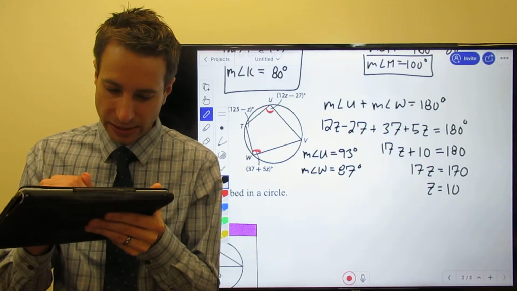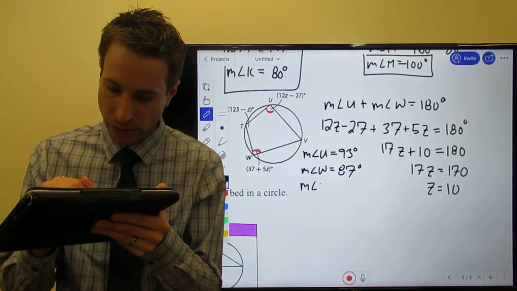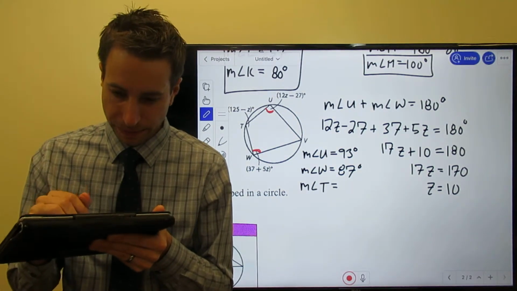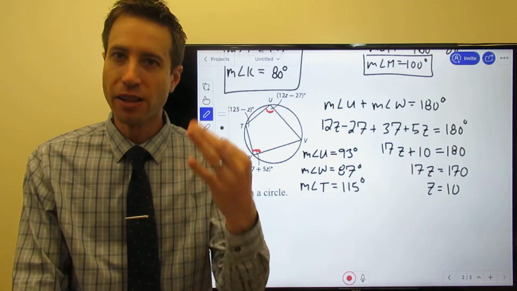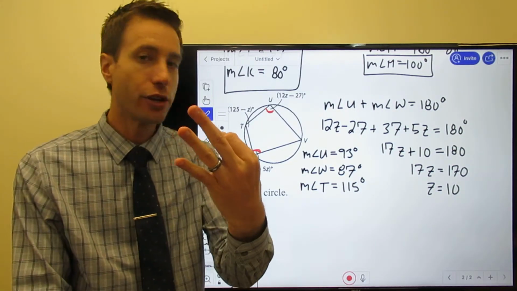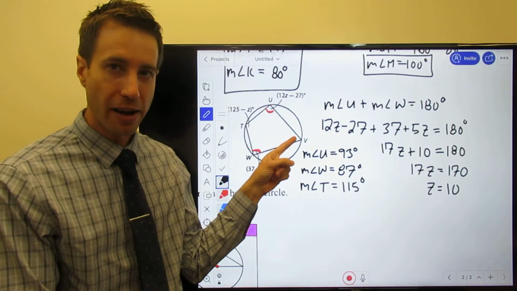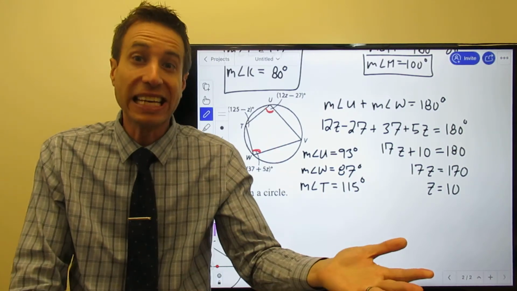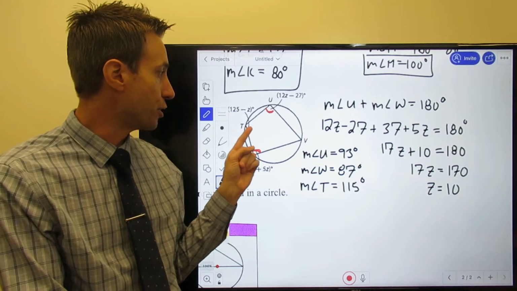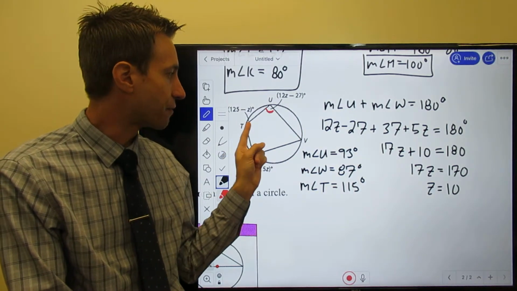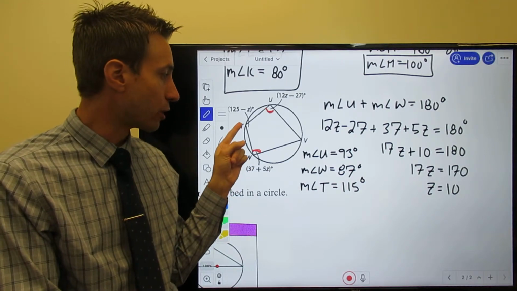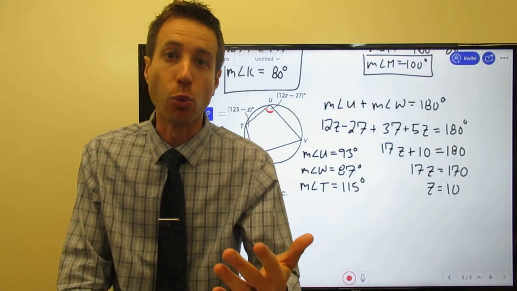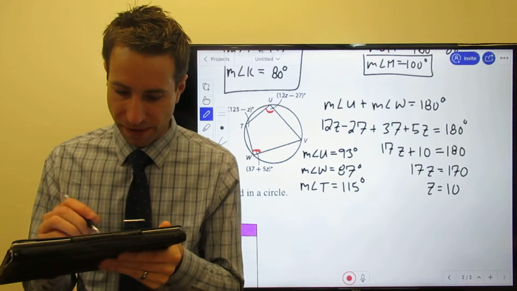The measure of angle T. What's the measure of angle T? Well, I get 115 degrees. And now, guys, again, this is the third time we've seen it. Sure, I didn't tell you anything about angle V, but you've got the inscribed quadrilateral theorem. You know that T and V have to sum to 180 degrees, and the measure of angle T is 115. So what's 180 minus 115?